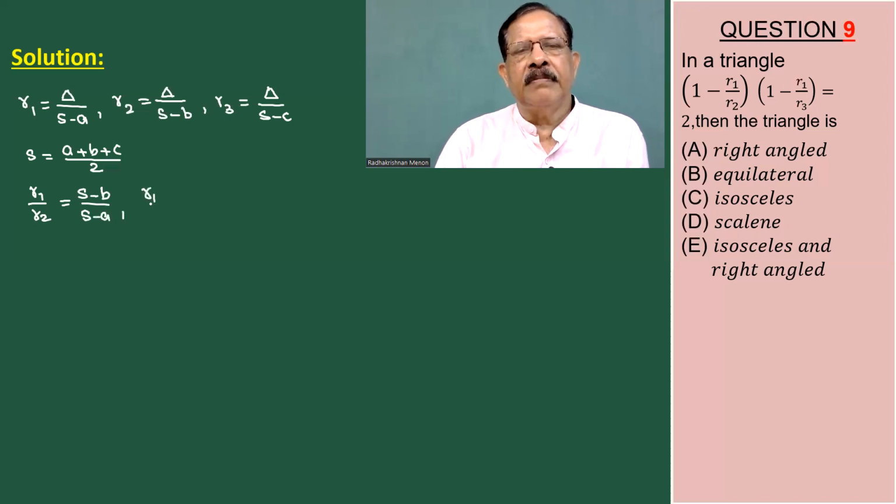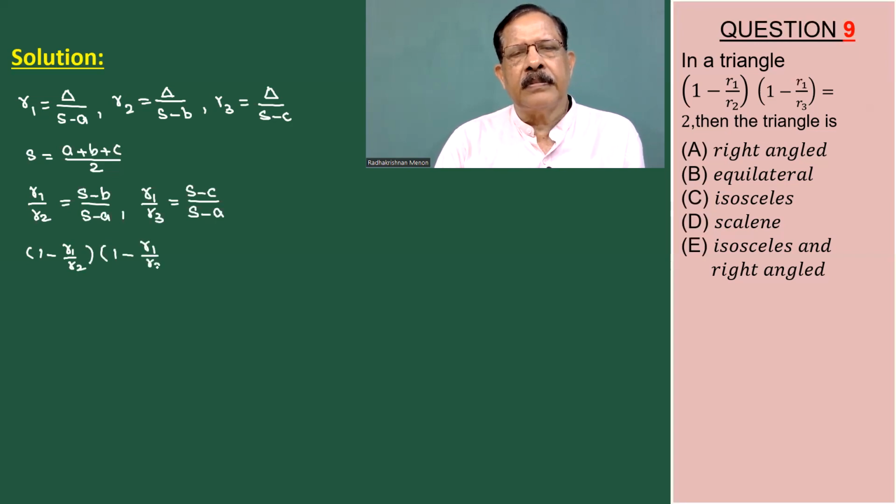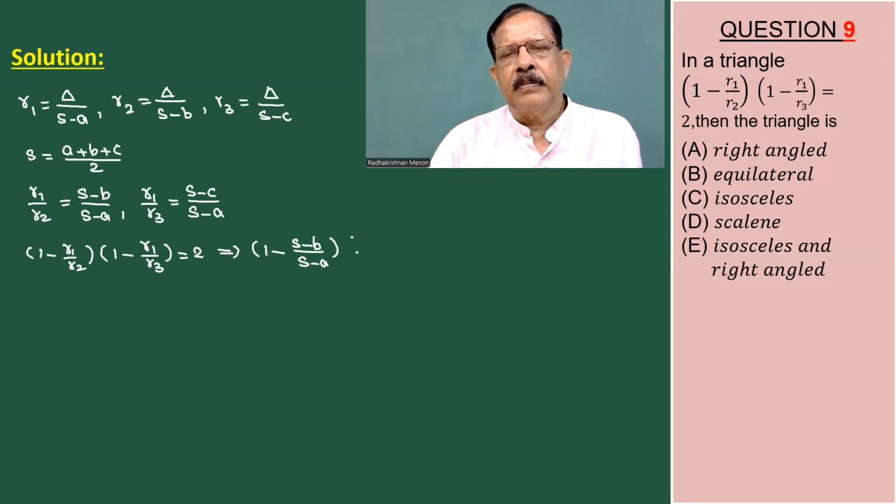Now you require R1 by R3, which is (S − C)/(S − A). Now the equation given is (1 − R1/R2)(1 − R1/R3) = 2, which implies 1 − R1/R2 is (S − B)/(S − A) into 1 − R1/R3 is (S − C)/(S − A), is equal to 2.